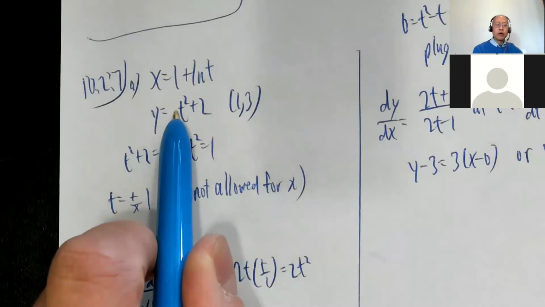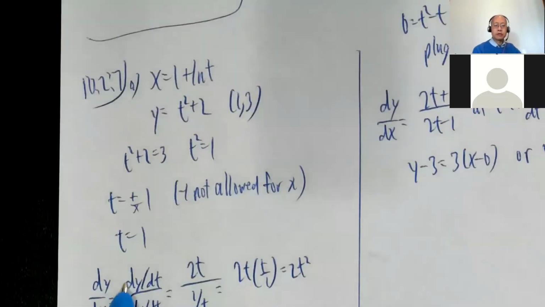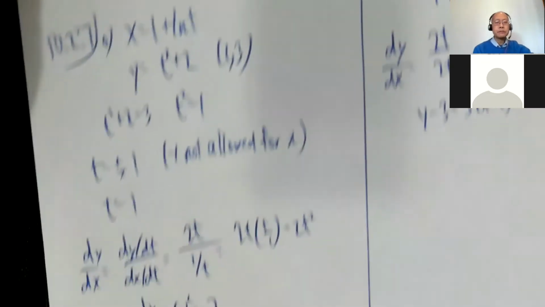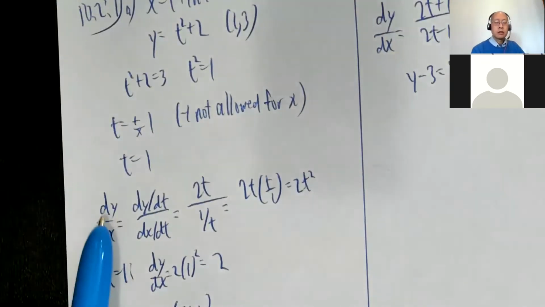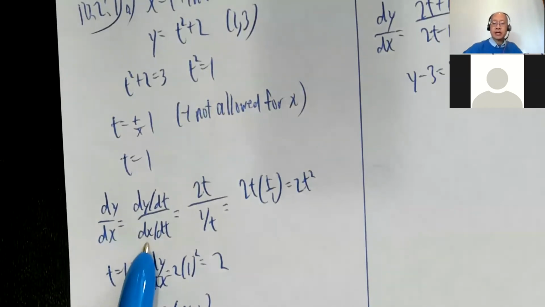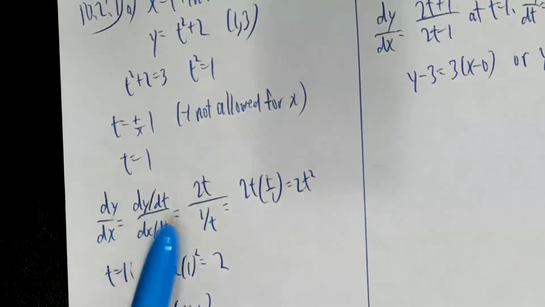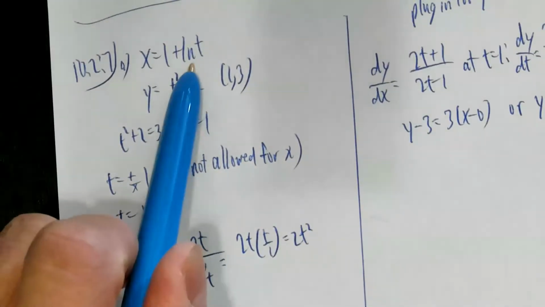Quick double check: 1 plus 2 is 3, and 1 plus natural log of 1 is 1 plus 0, so you do get 1. It works. Now dy/dx by formula, put it on your cheat sheet: dy/dt divided by dx/dt. dy/dt is 2t, dx/dt is 1 over t.